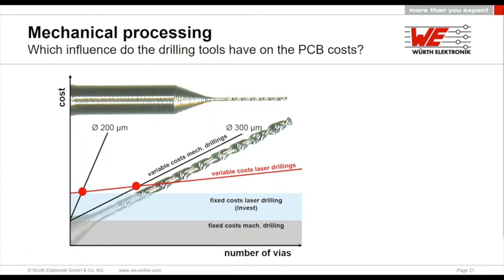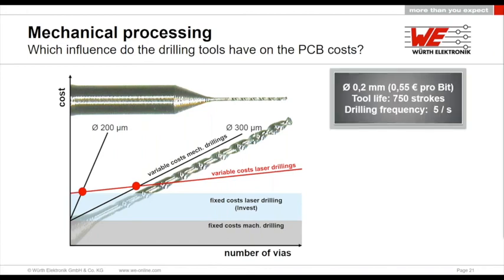We know that often for a layout, especially when it comes to HDI and you use dog bone structures and so on, you might want to use those very small drill bits. But especially with HDI structures and BGAs with very small pitches, there is often the point where it might be better to change some wires to laser drillings.